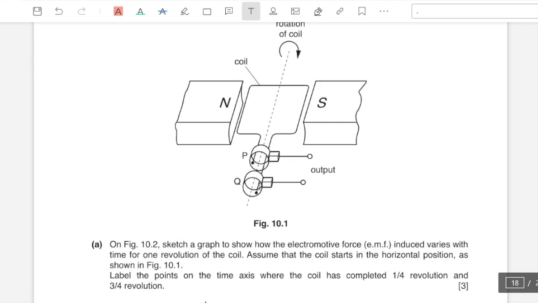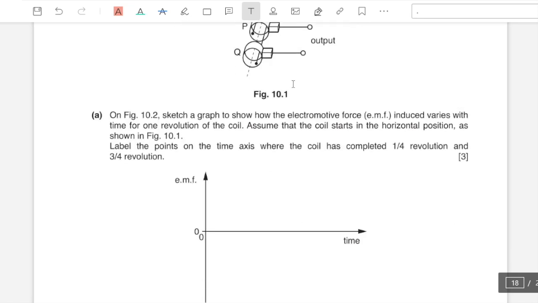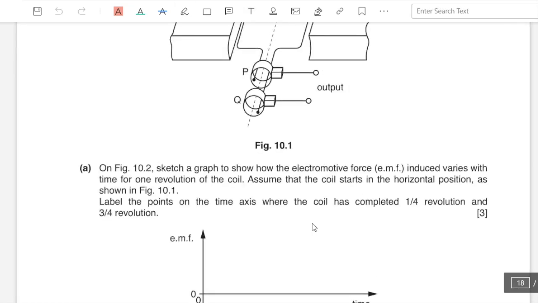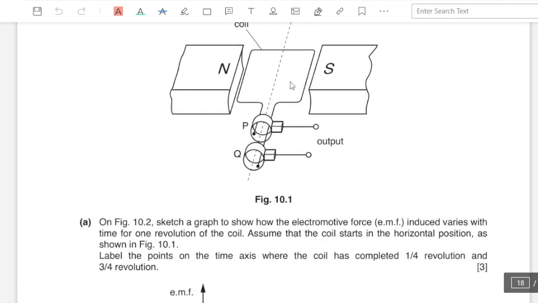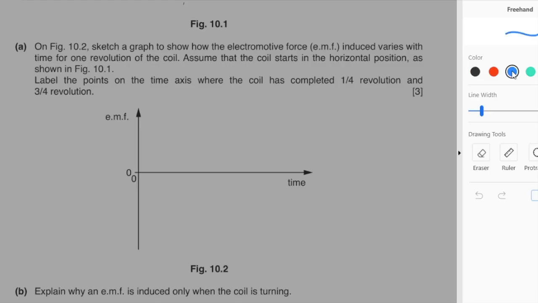And since the three-quarters of the cycle is when it is vertical, it would again induce no EMF. And then the last quarter of the circle would be completed once it again for the last time becomes horizontal. Since the cycle starts with the coil in horizontal position and cutting the most number of lines, the value of EMF is going to be highest at the start of the cycle.